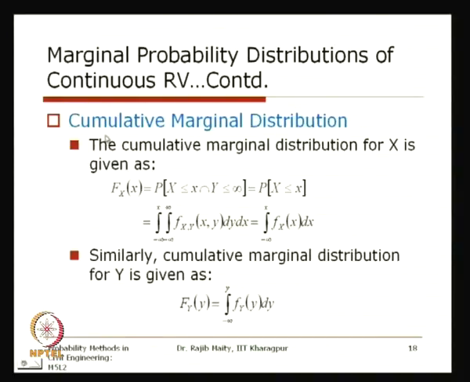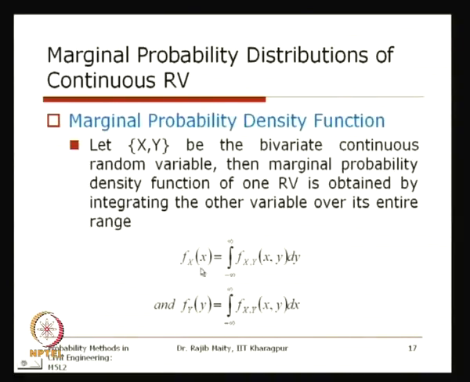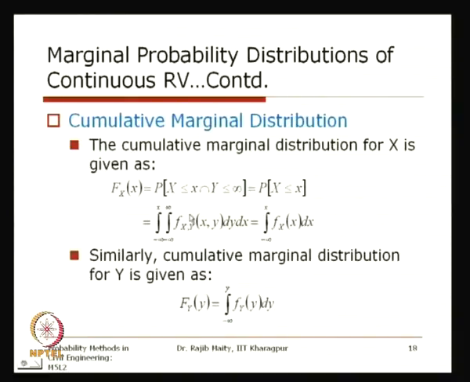Now, for the cumulative marginal distribution, once we get that f_X(x), that PDF, we can do the integration again from minus infinity to some specific value x to get the cumulative distribution function. Here, the cumulative marginal distribution from the joint distribution means that F_X(x) is the probability of X less than or equal to some specific value x and Y less than or equal to infinity.